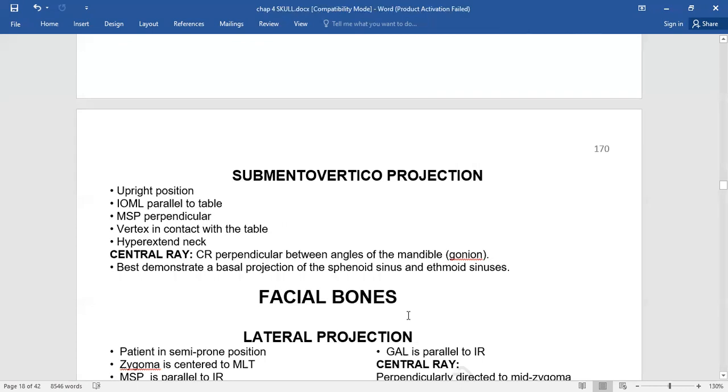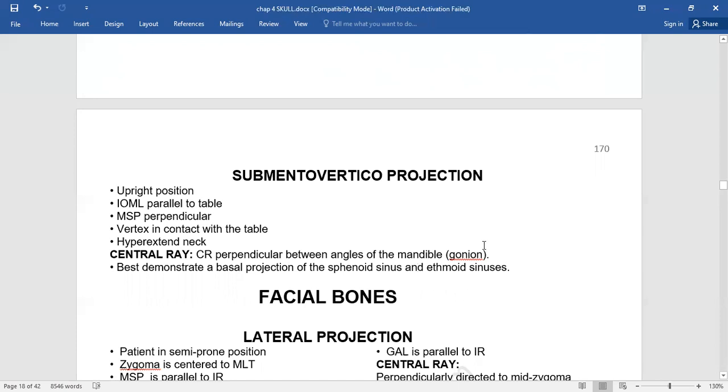And we also have last sa PNS, SMV projection. Pareho pa rin siya ng position natin ng SMV kanina sa skull. Ang pinagkaiba lang is yung central ray natin. Perpendicular between the angles of the mandible or gonion. Best demonstrates a basal projection of the sphenoid sinus and ethmoid sinuses.